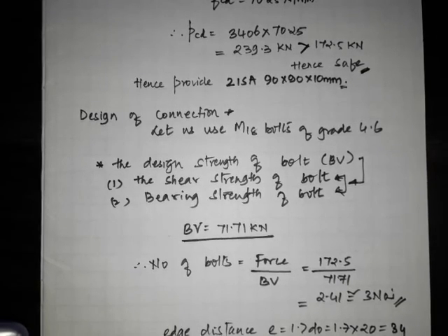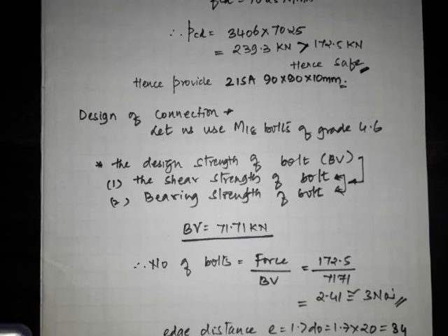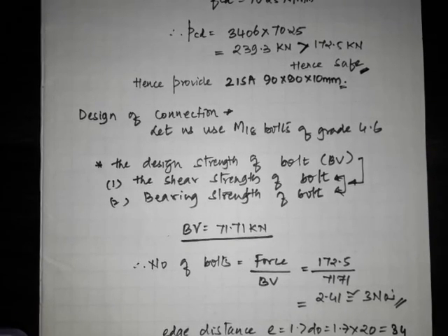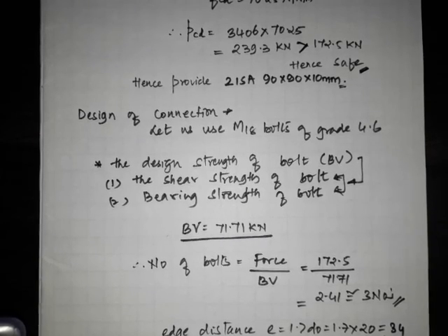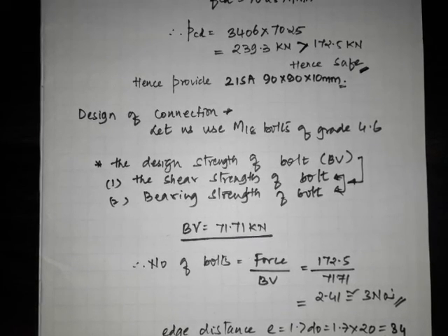So the edge distance is 35 and the pitch is 2.5 times D, so 2.5 times 18 gives 45 mm. We get 35 and 45 mm.